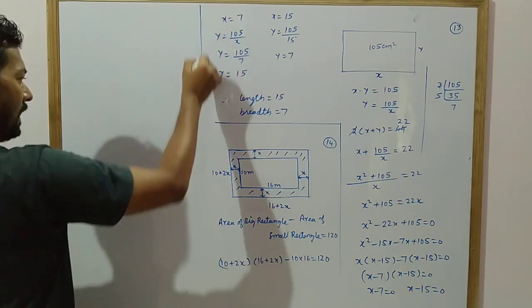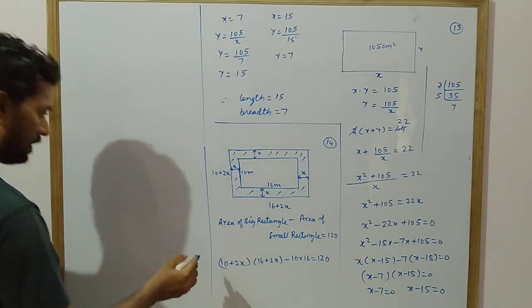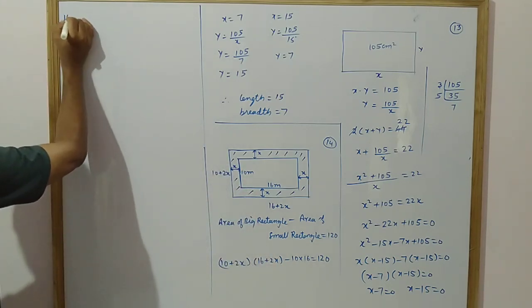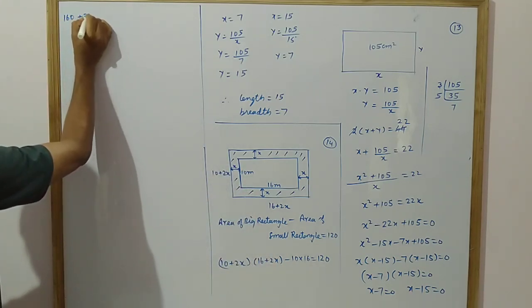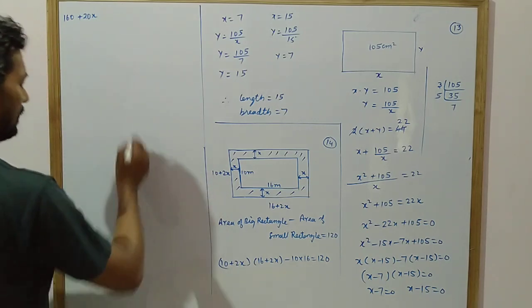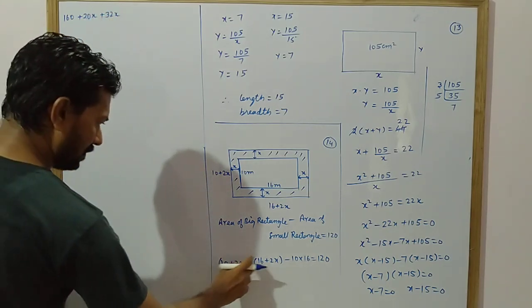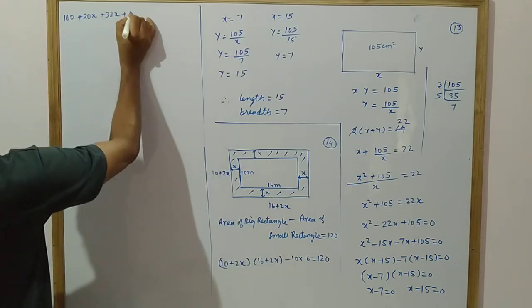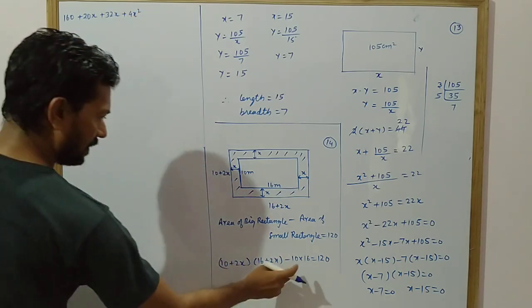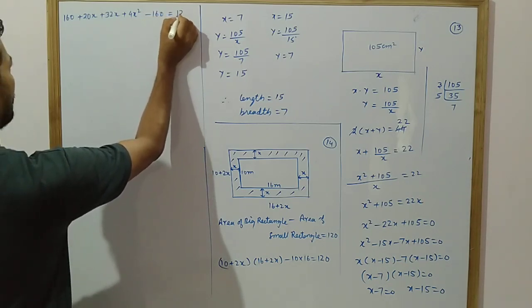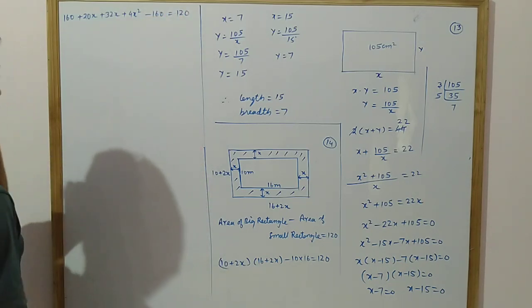Now when we multiply: 160 plus 20x plus 32x plus 4x² minus 160 equals 120.